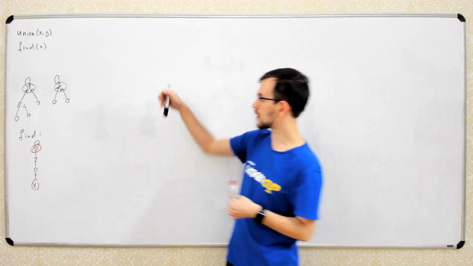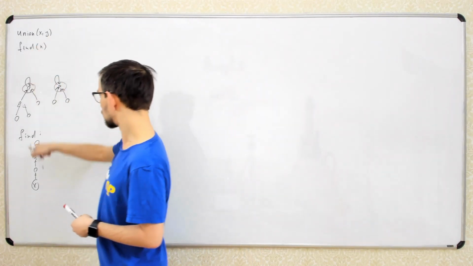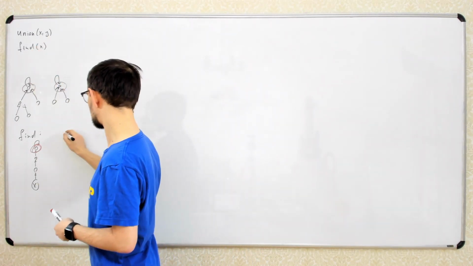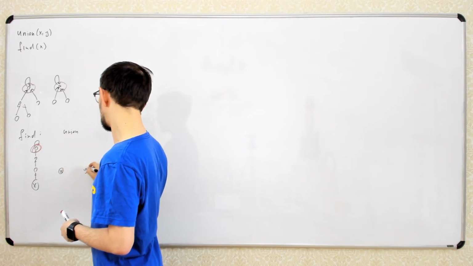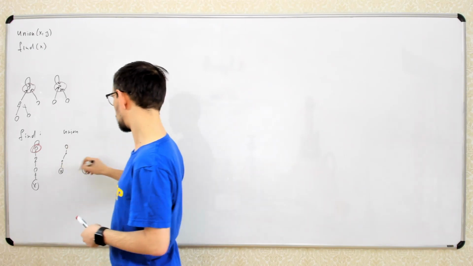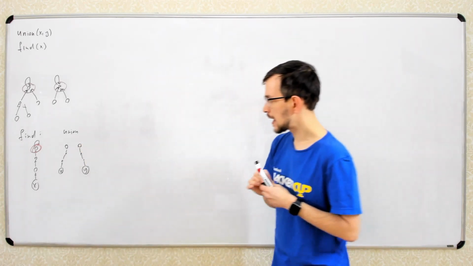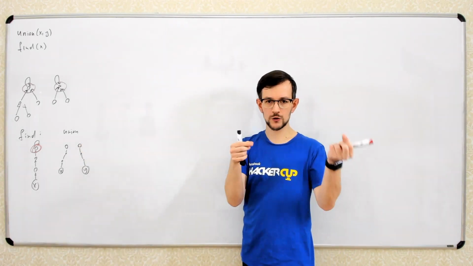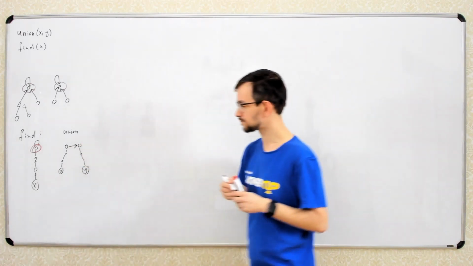How to make the union operation? First you find the roots of the corresponding trees. So you have element x and element y, you follow the path to the root, you take the root of one tree and the root of another tree, and then you just make a link from one root to another root.